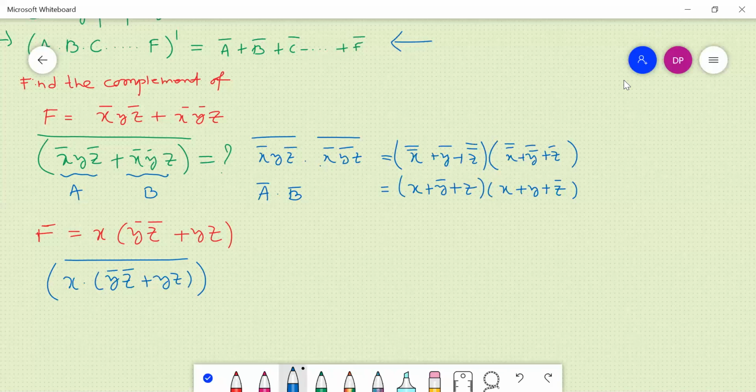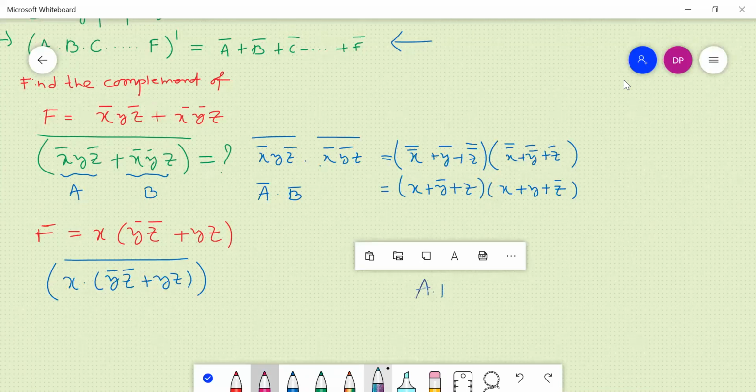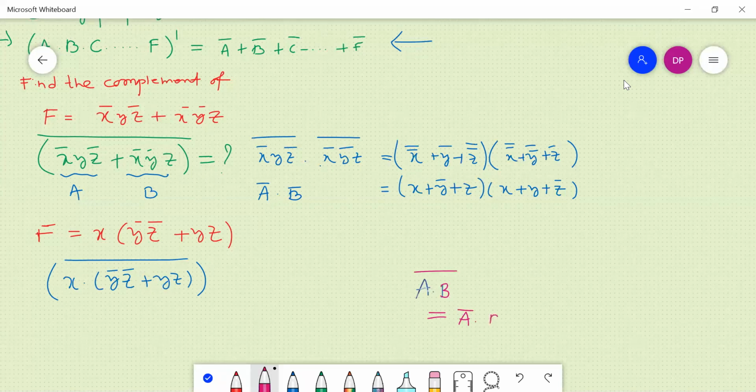A dot b whole bar is equal to a bar plus b bar. Right. So the formula was what? De Morgan's law. A dot b bar was equal to how much? A bar plus B bar. So here A is this X, B is this.